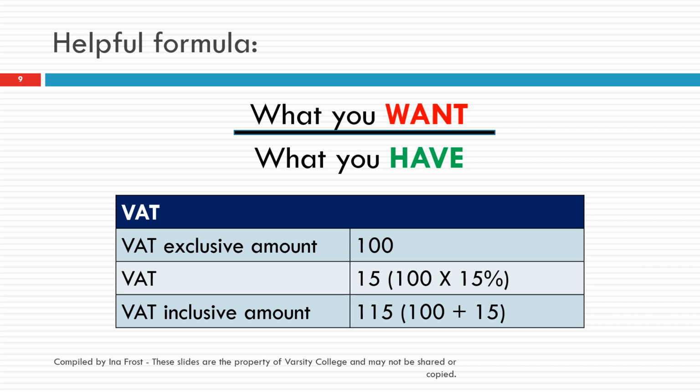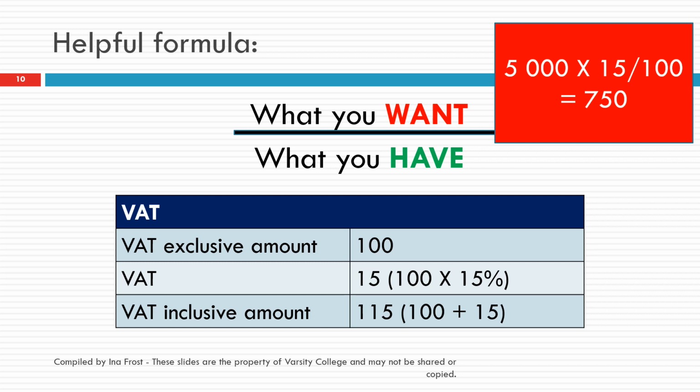Students also like to use this formula where we say, what do we want over what do we have? So what did we want in this calculation? We wanted the VAT. So we wanted to know what was 15%. What were we given? We were given the price excluding any VAT.